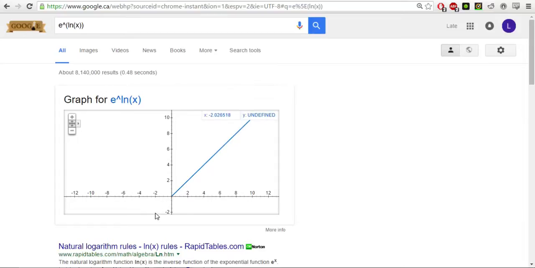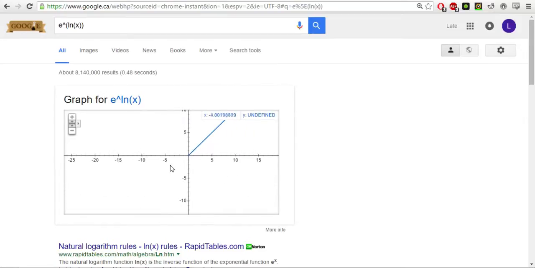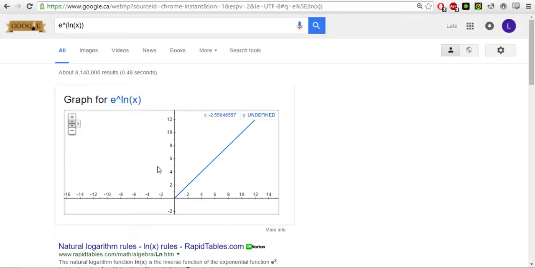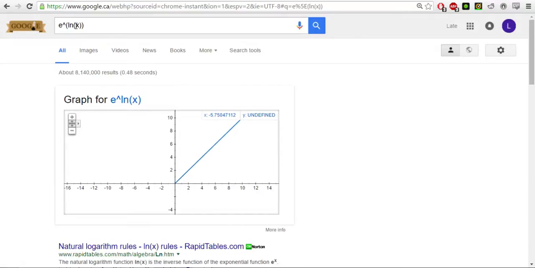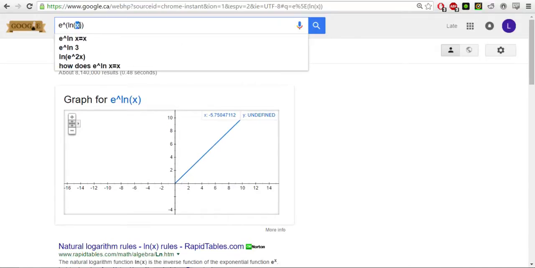And this is quite crazy, except it doesn't go in the negative. You can't put a negative value in ln, because then it would mean that e to the ln of a negative value gives you the negative value, but e is a positive constant, and e to the something will always be positive.